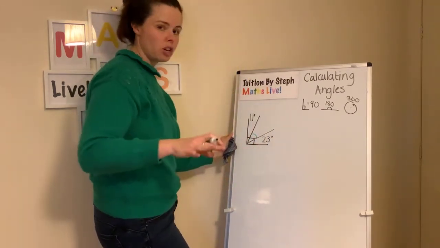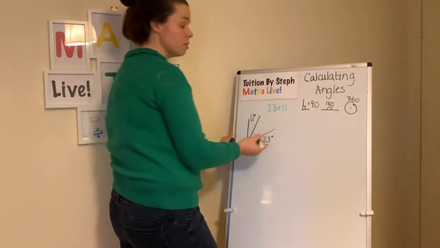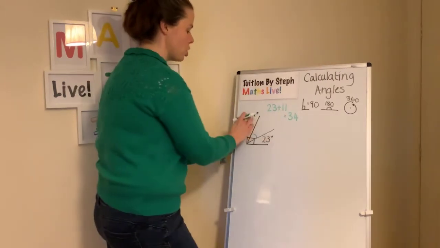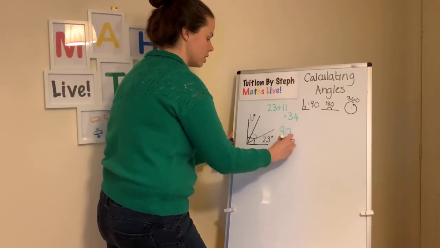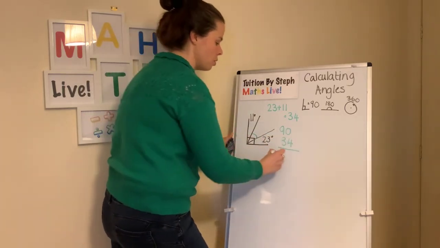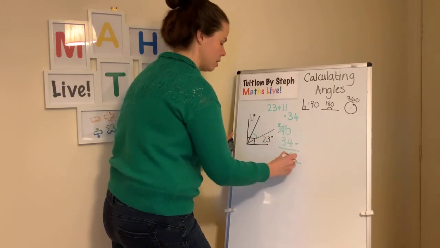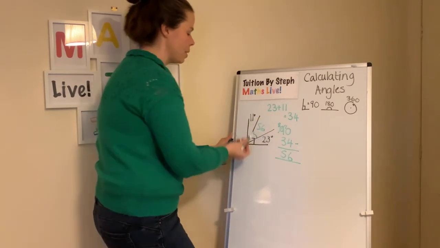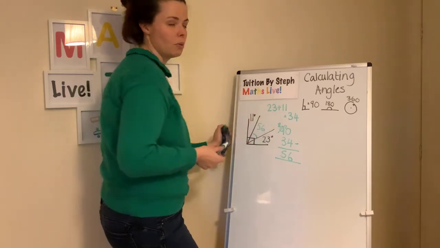You'd first of all have to add 23 and 11, which is 34. So we know that those two together are 34, and then you subtract the combination of those two angles from the total to get your missing angle. So 11 plus 56 plus 23 would make 90.